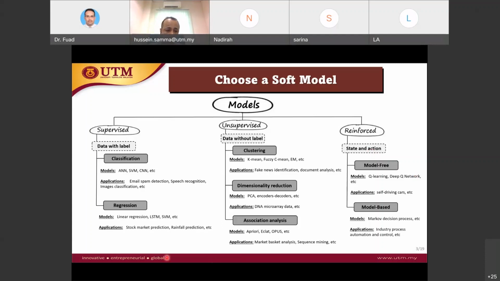Looking back at the first category, under supervised learning, we have basically two main categories. I know you're already familiar with these kinds of models. I'm just trying to recap and establish some foundations in order to go further later. Under the supervised soft computing models, we have two different categories.